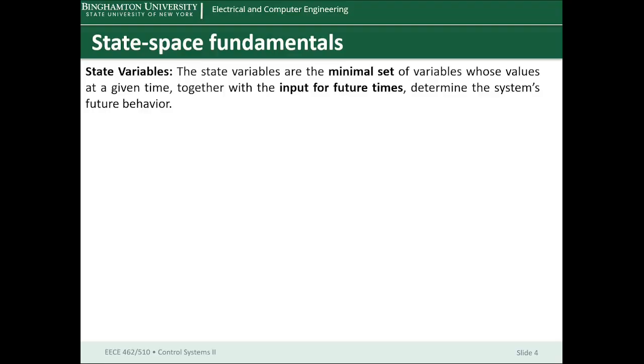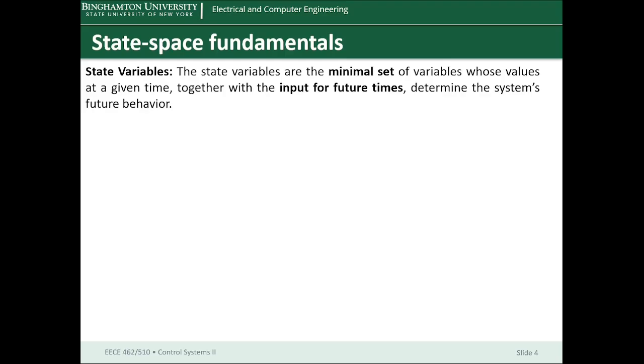Before we define the state space, we should define a state variable. The state variable is the minimal set of variables whose values at a given time, together with the input for future times, determine the system's future behavior. It's very important to pay attention to the word minimal.